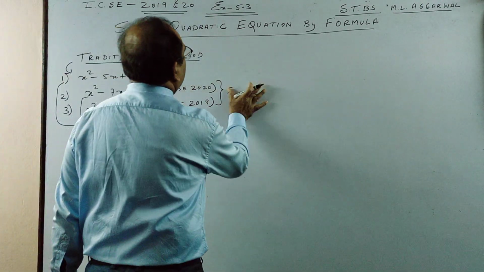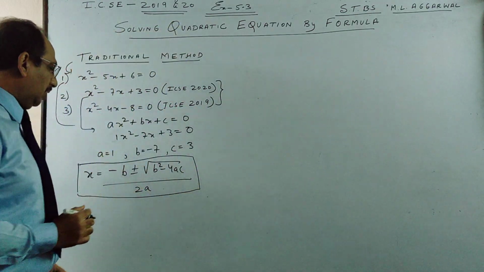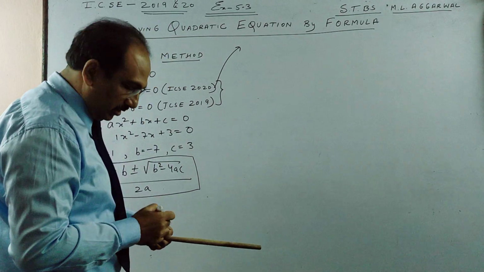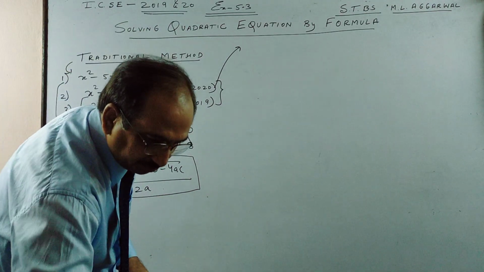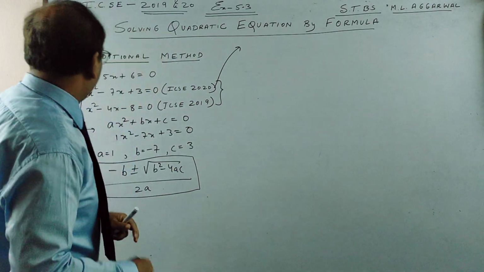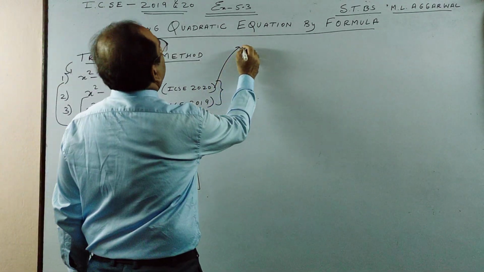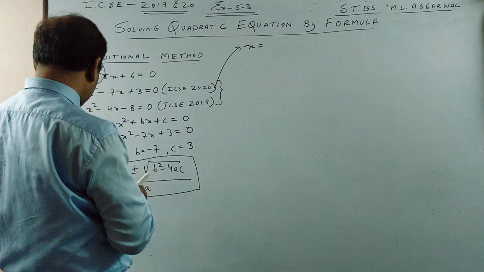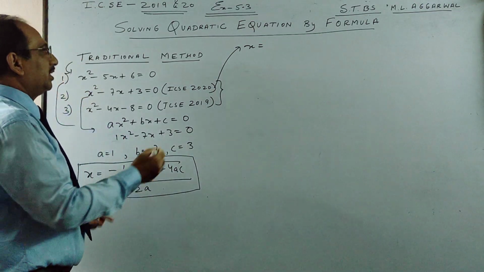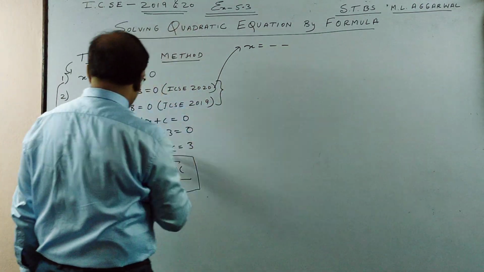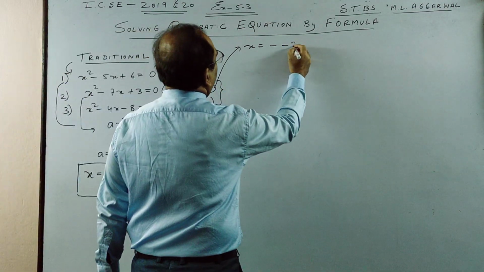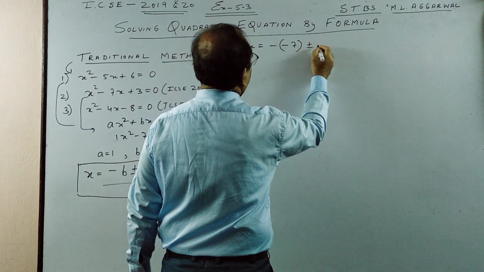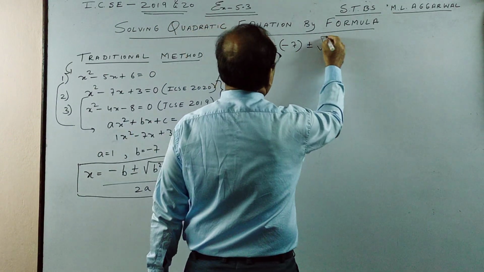Let us see, we apply the formula to solve this question. So what do we get, children? x is equal to minus b. See here, minus 7, which will become plus 7, plus minus root over b square minus 4ac.